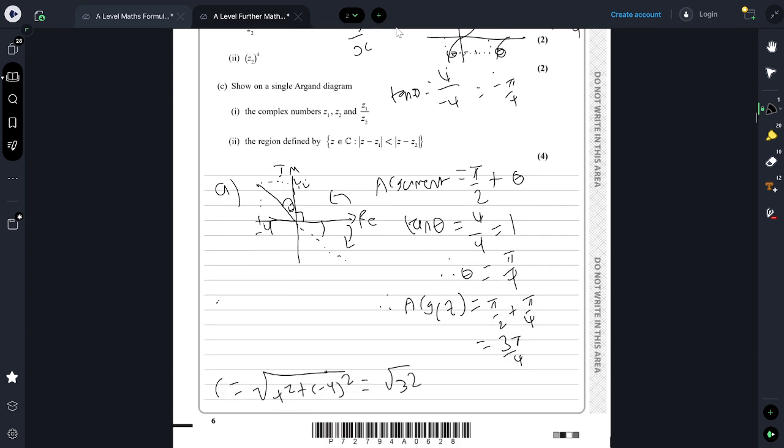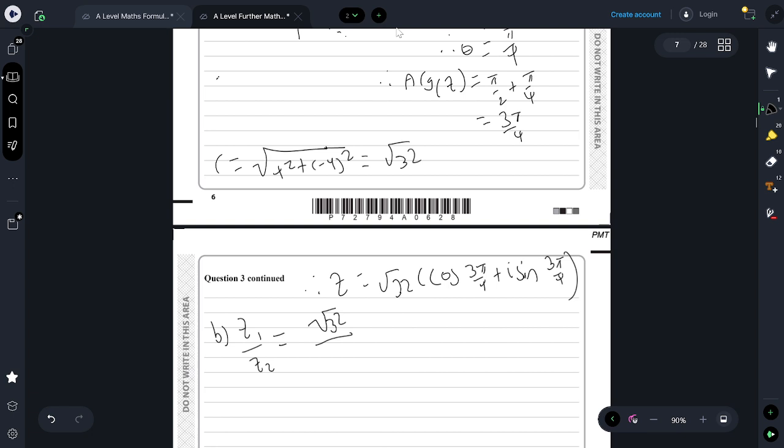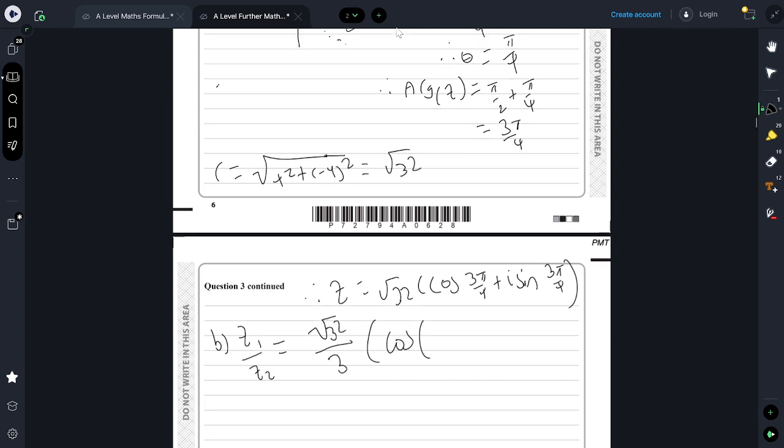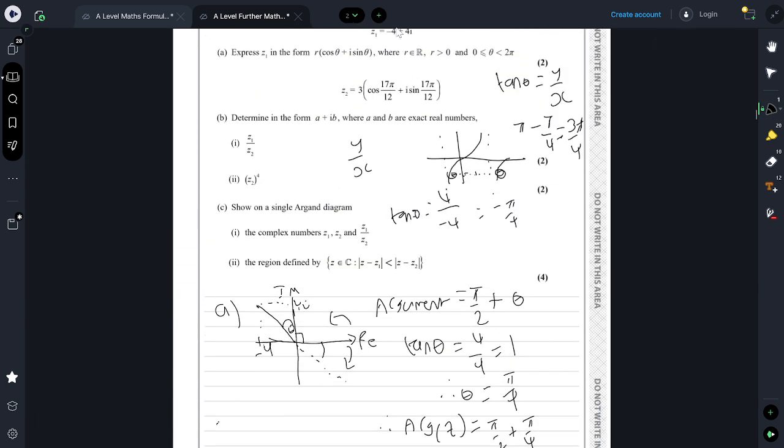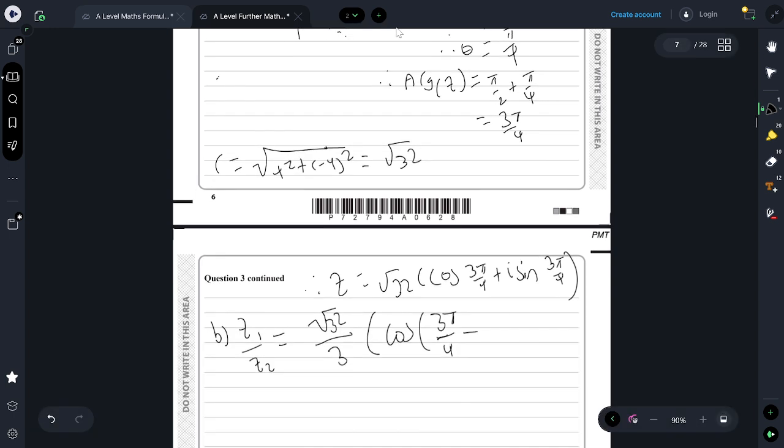Then, when you divide this part, you want to subtract the angles, okay? So cos of 3 pi over 4 minus, and then what's the angle of z2? 17 pi over 12. Plus i sine of 3 pi over 4 minus 17 pi over 12. Then we just simplify that.